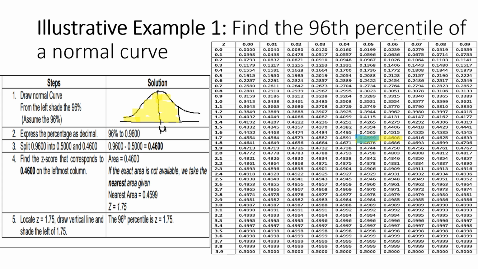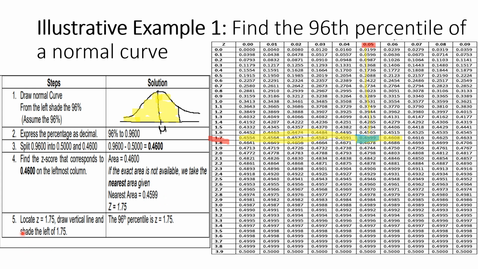After identifying the closest area, we take the value at its left and at its top. What is the corresponding z-score? Here on the left side, it is 1.7, and at the top, it's 0.05. Therefore, the corresponding z-score of the nearest area 0.4599 is 1.75.